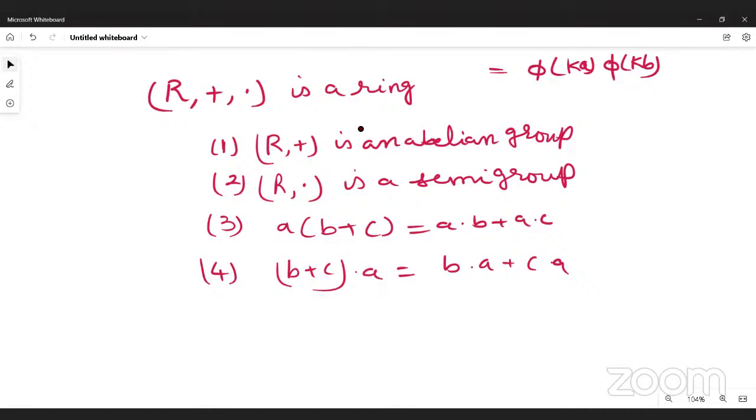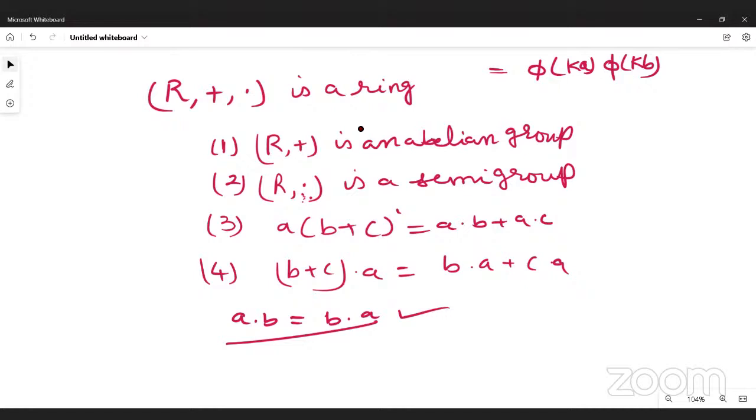A binary composition, dot, which satisfies the associative property. So in R, multiplication is associative. Now R dot is a semi-group. If with respect to multiplication, R satisfies the commutative property also, that is A into B equal to B into A, then we say that R is commutative.